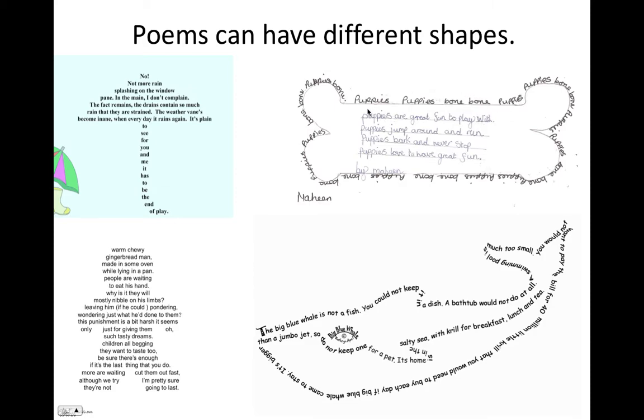And this poem has the shape of a bone, and it's all about puppies because puppies like to eat bones, right? This one is about a whale, and it's the shape of a whale. And this one is about a gingerbread man, and it's the shape of a gingerbread man. So those are really fun to make too.